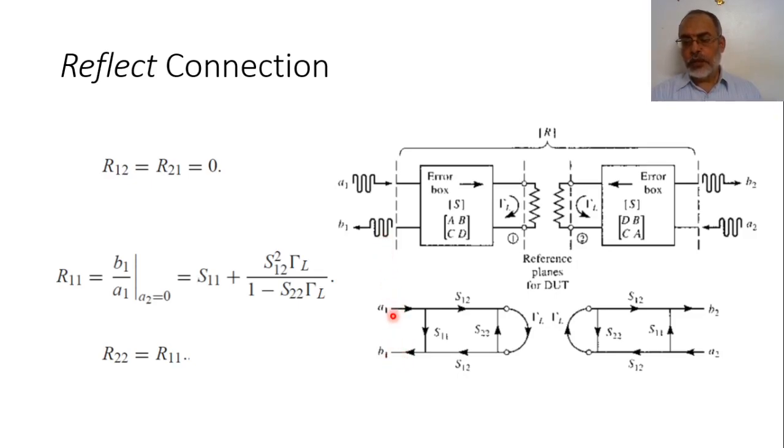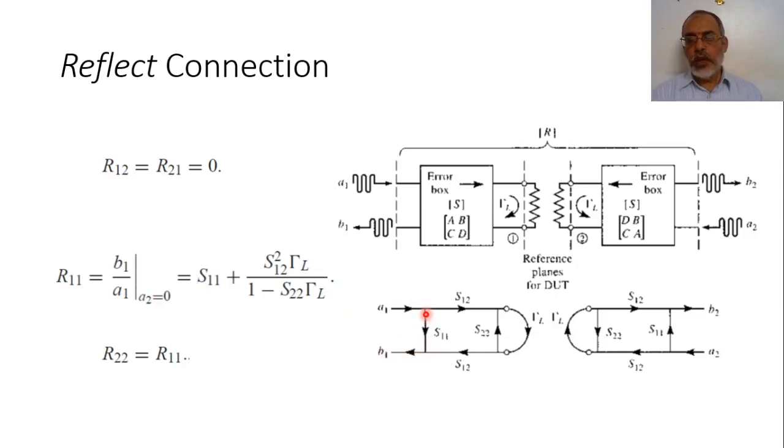In this case, from this path, we can replace it by a single loop, gamma load multiplied by S22, and here we have gamma load.